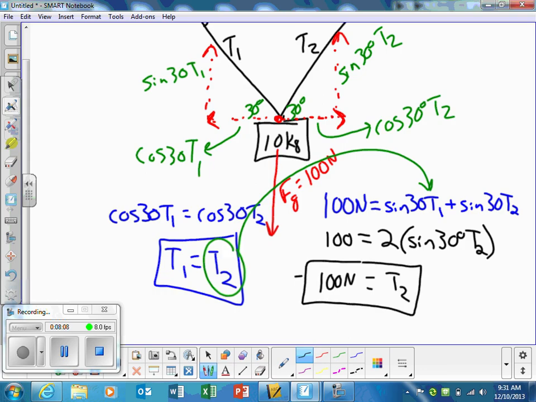By default, that equals T1 as well, because we can really just plug this back into this equation. So T1 equals T2 in this case. They both equal 100. Do you have any questions on that?